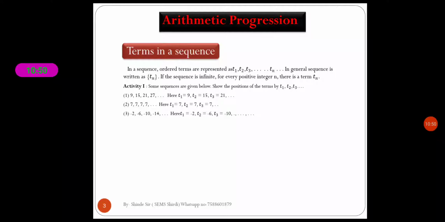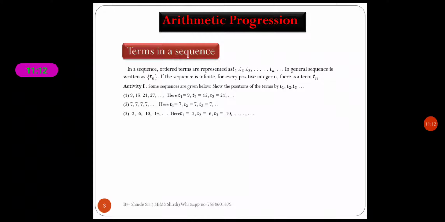Here T1 is equal to -2, T2 is equal to -6, T3 is equal to -10. These are the terms of a sequence, and generally the terms of a sequence are represented by T1, T2, T3, T4, and so on.